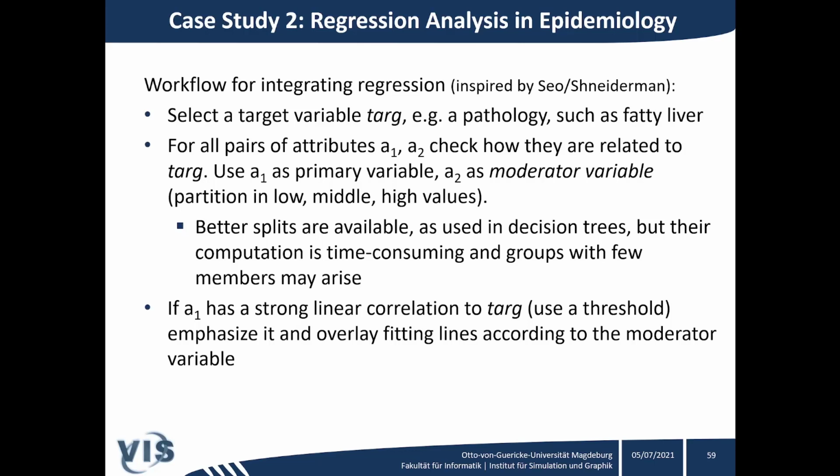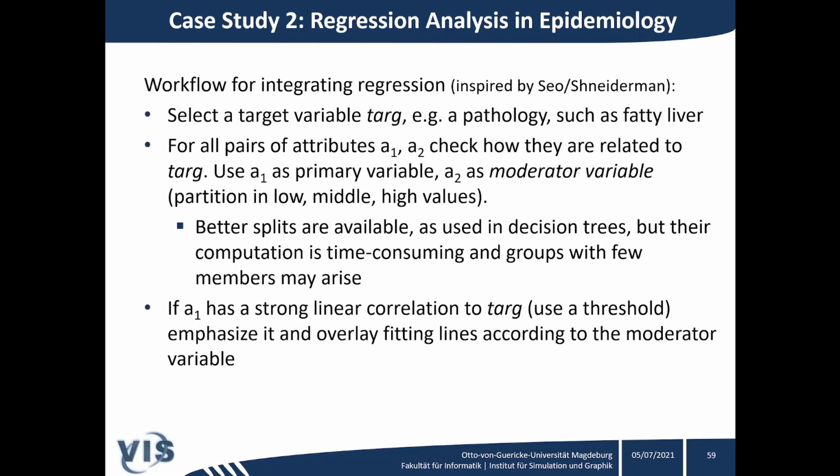First, we have to select a target variable, indicated here by targ, for example, a pathology such as fatty liver. Afterwards, for all pairs of attributes, so A1 and A2, check how they are related to the target variable. For this, use A1 as a primary variable and A2 as a moderator variable, so the partition can be low, middle, or high.